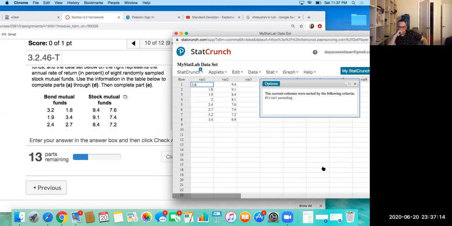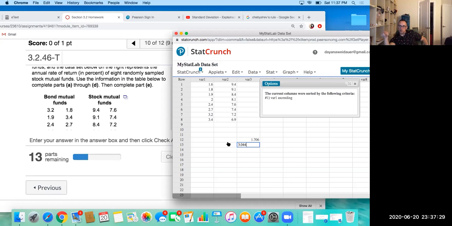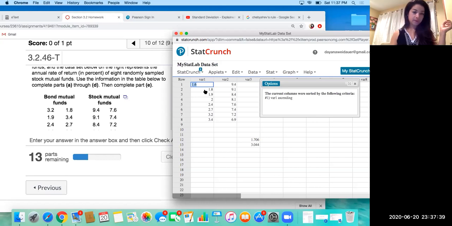Just put them somewhere. Okay. Can you highlight the ones that are within that range? 1.6 is not. Oh no, you're right. So it's gonna be yes.